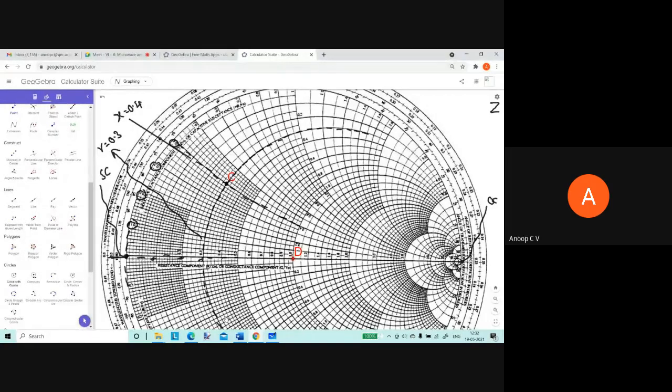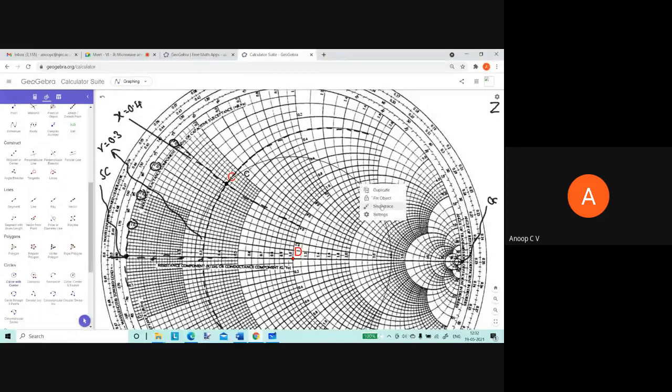Under circles, I am selecting circle with center. So now I'm going to draw a circle with D as center and DC as radius.